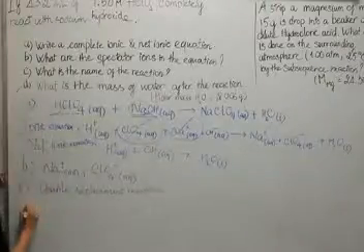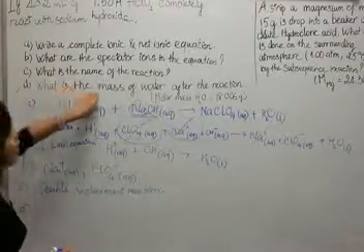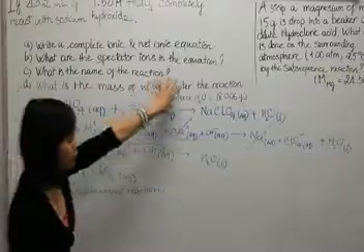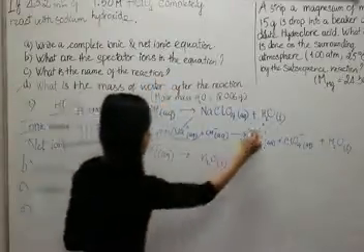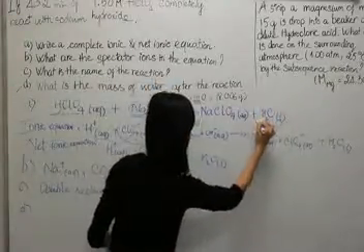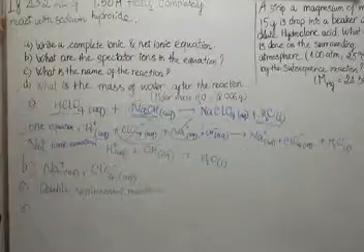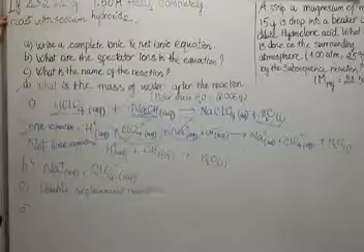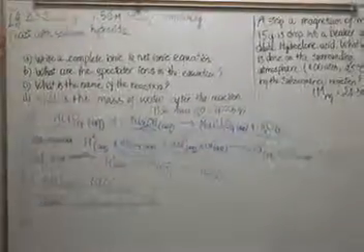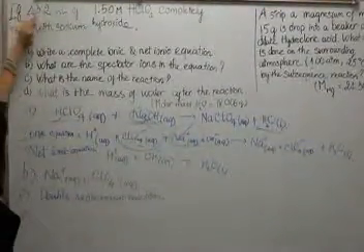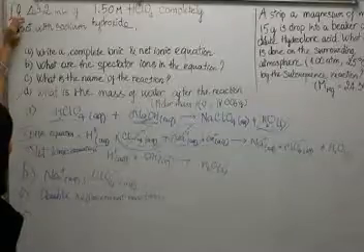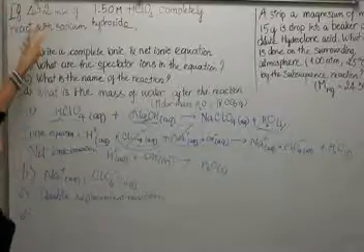Okay, for D, what is the mass of the water after the reaction? So I need to find the mass of the water here. When you go back to the introduction of this question, I need to write down all of the numbers that I see in my question.